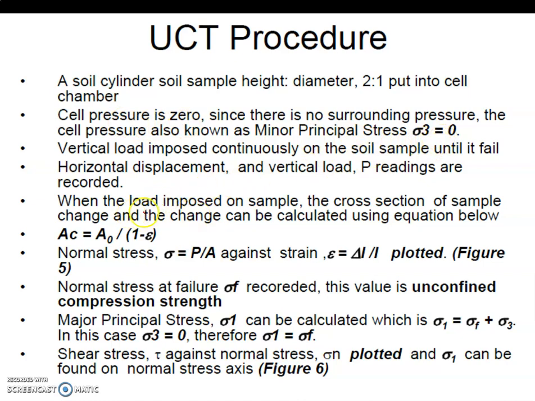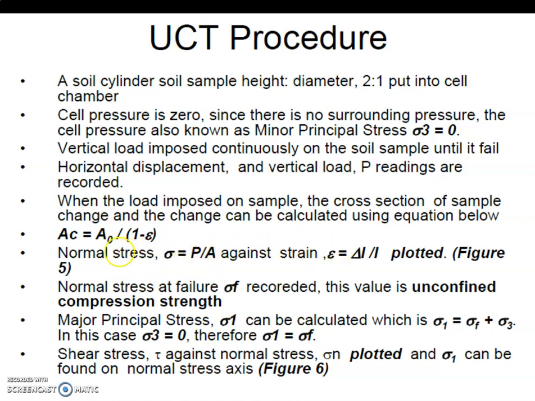Note that during the loading process, the cross section of the sample changes. That's why we need to get the strain value, so that we can calculate the changed area. We know that normal stress is P, the loading, over the original area.